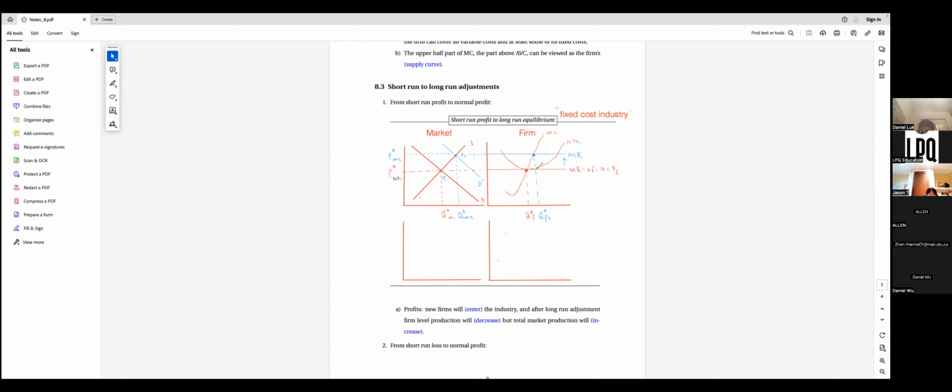We just assume ATC and MC remain unchanged. With this assumption, now you should produce here, and the corresponding ATC is here, at the intersection of the quantity line and ATC. From this point, you turn left. You see, now you can make money.